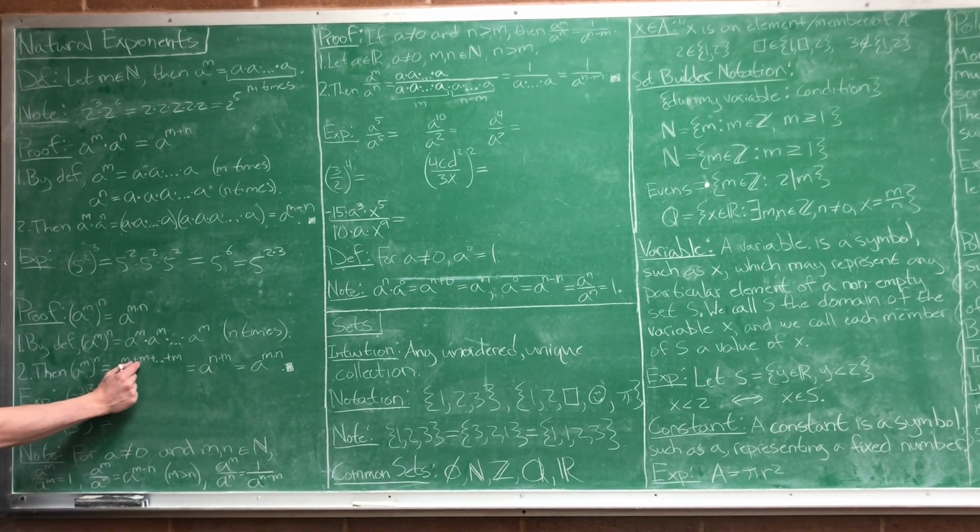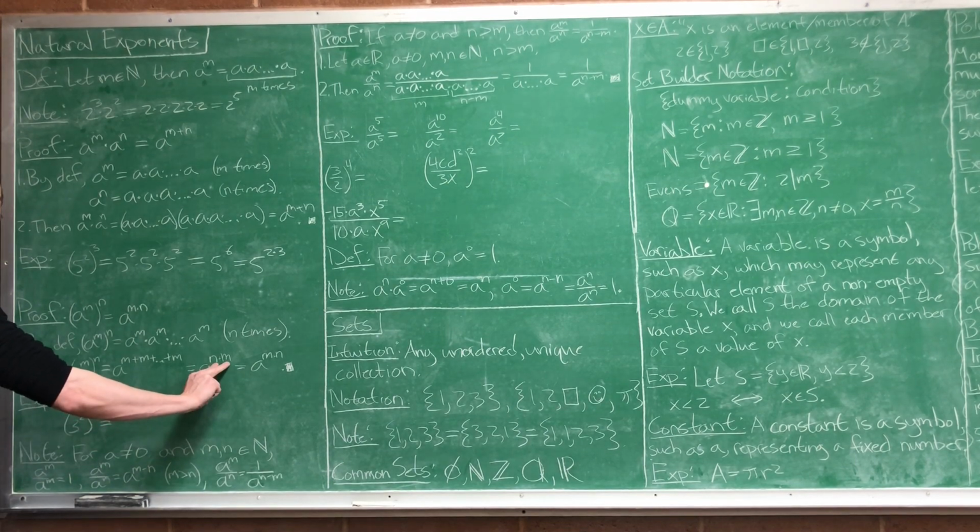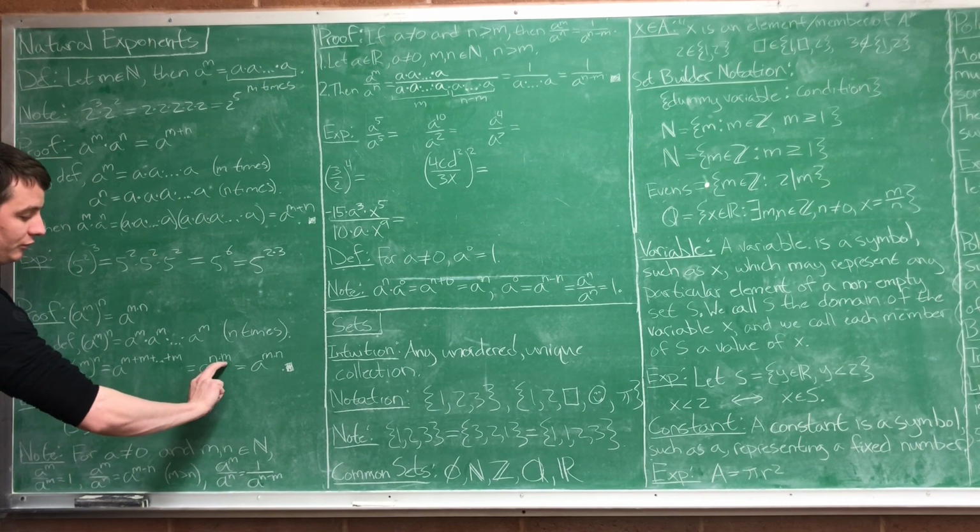So that's the same thing as a to the m plus dot dot dot plus m. And how many of these m's do we have? N of them. So m plus m plus m, n times, is the same thing as n times m. You guys with me? And then multiplication is commutative, so we can just flip the order.